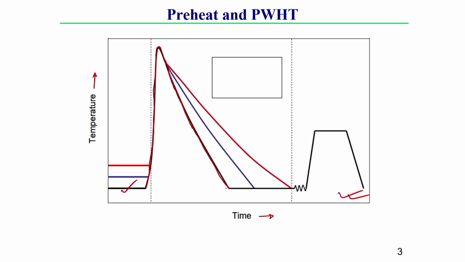This first portion of heating is called the preheating zone, this middle zone is called the welding transient thermal history zone, and this last part of the curve is known as the post weld heat treatment zone.